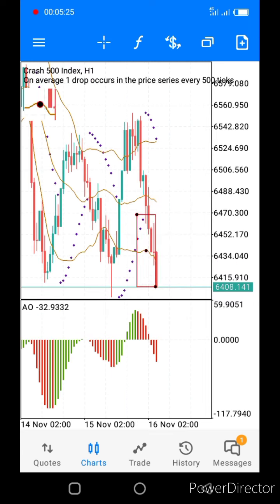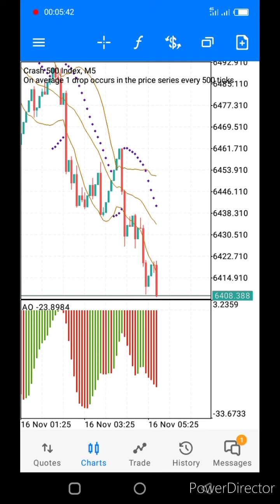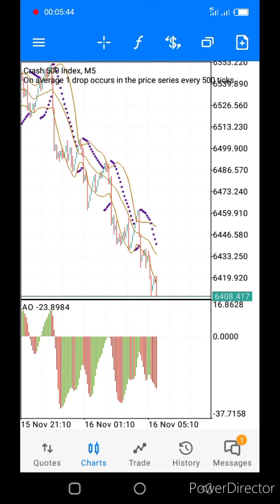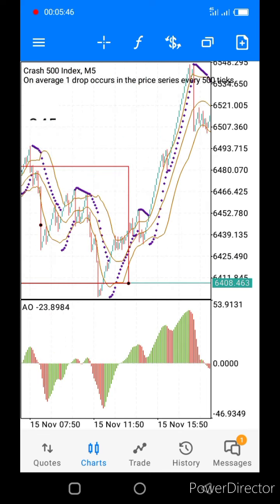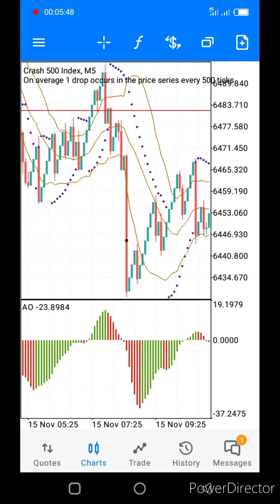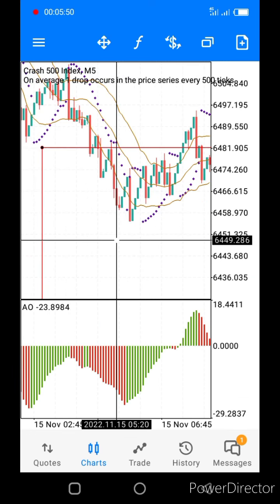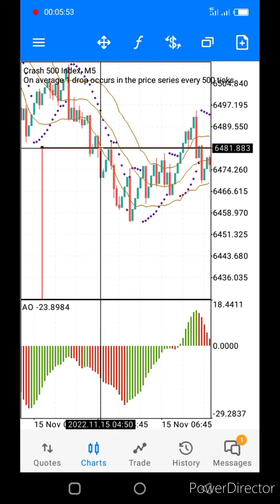We have another movement here when the spike started on 1 hour time frame. So what do you do here? Let us go to the 5 minutes time frame and see if the market actually moves in our direction. So the market was here when the sell triggered on 1 hour time frame.